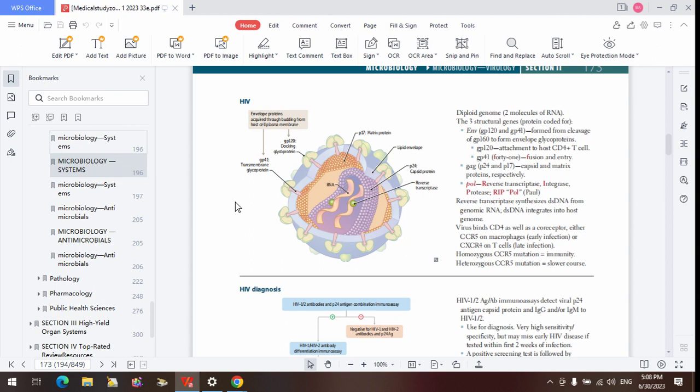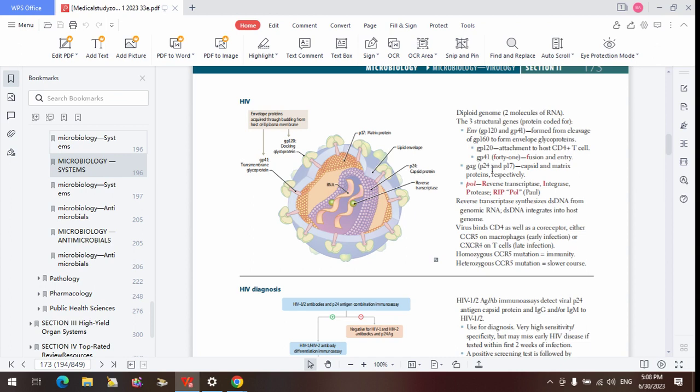Part of them is GP160. Part of them will be the matrix and the capsid protein. Part of them will be the enzymes, the pol, reverse transcriptase, integrase, and protease. So this GP160 will now be cleaved by the protease into GP120 and GP41.